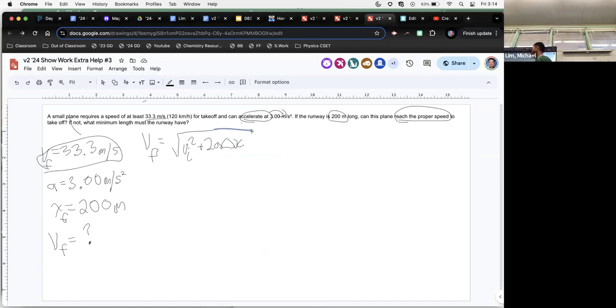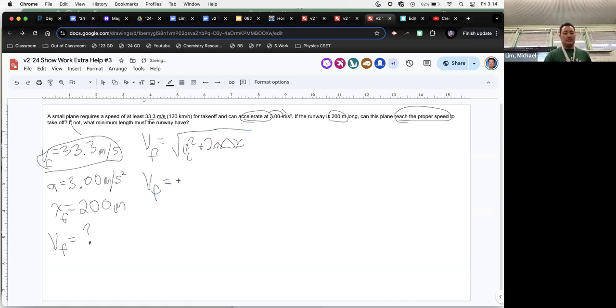And Francisco, do we need to square both sides and divide and minus stuff? Yeah, because that's a power of 2, right? But we're looking for V sub F this time. So sometimes you have to solve for A and X, sometimes you don't. This time, it's gonna be final velocity, because it's asking for the proper speed. So we're just gonna put numbers in. It's very nice when that happens.